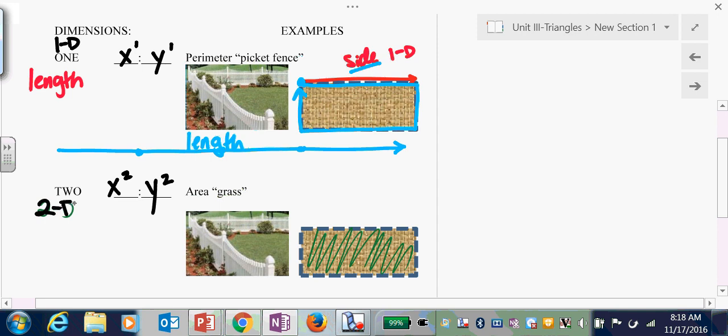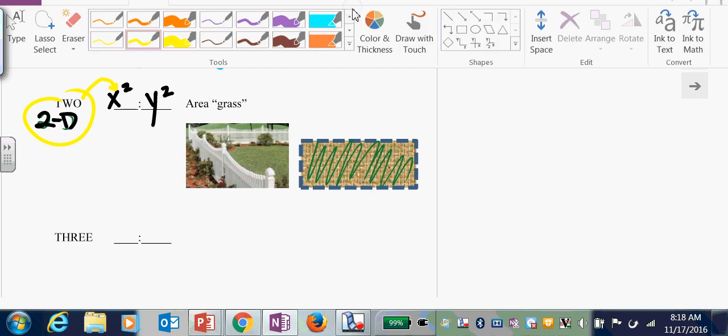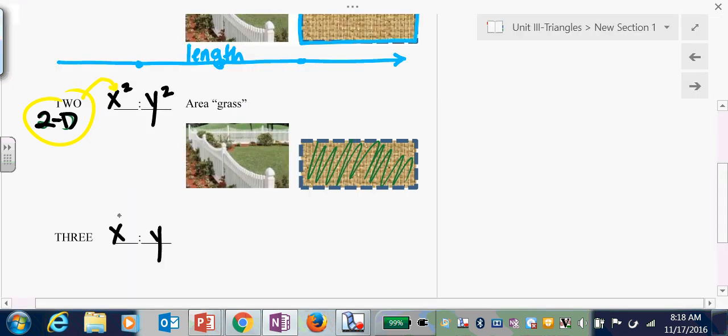So what you need to watch out for is that the dimensions influence your ratio exponents. When you get into 3 dimensions, that same ratio is going to go to the cube because it is 3D. When we get into 3D, the dimensions influence the exponent ratios.